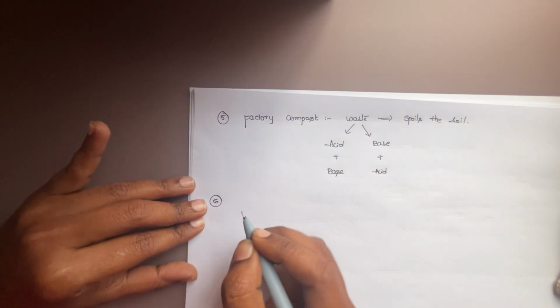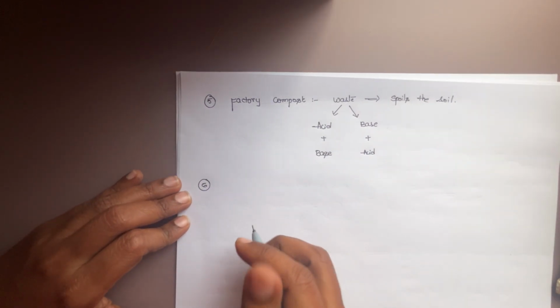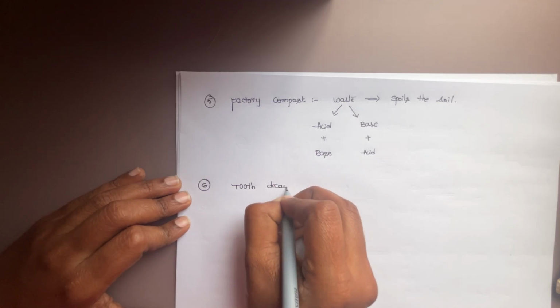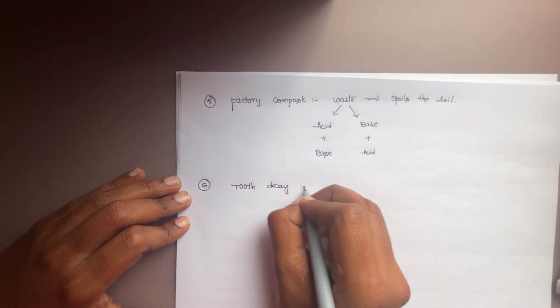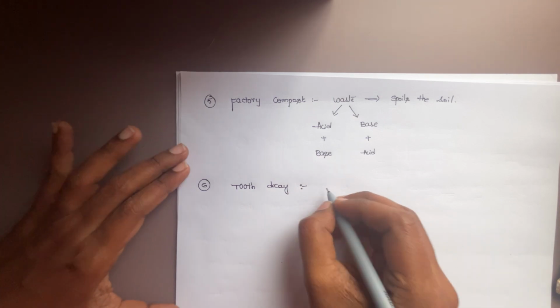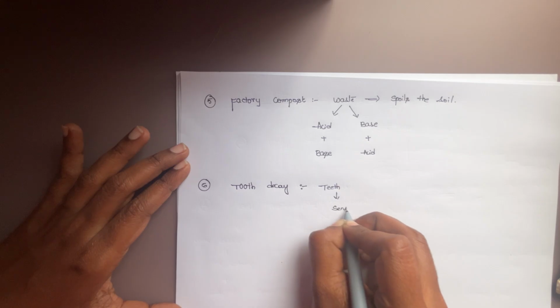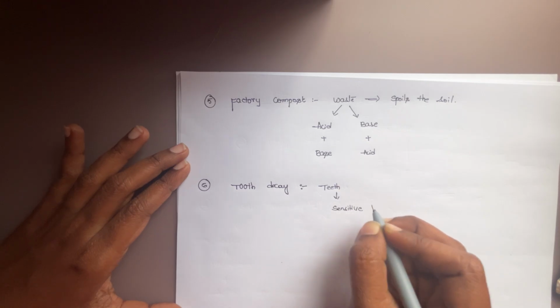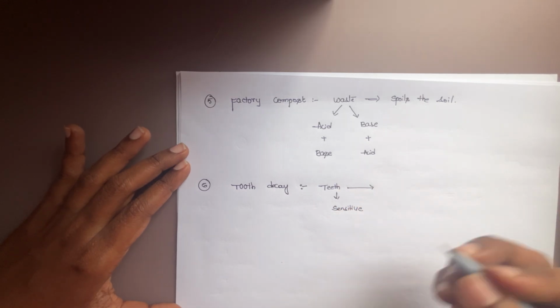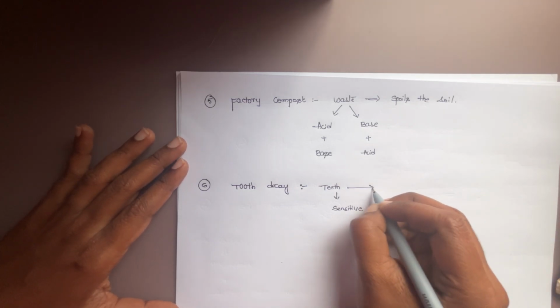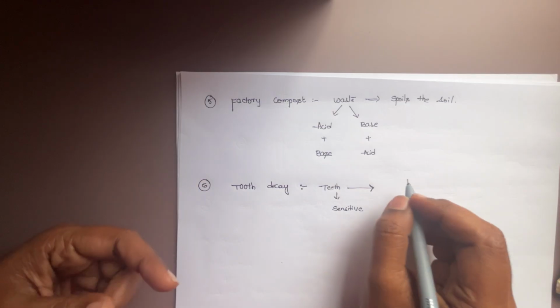So the last and final example is tooth decay. Our teeth are usually decaying. That's why we may feel very sensitive. If we have teeth, why do we feel sensitive? Because whenever the mouth becomes acidic, what happens?